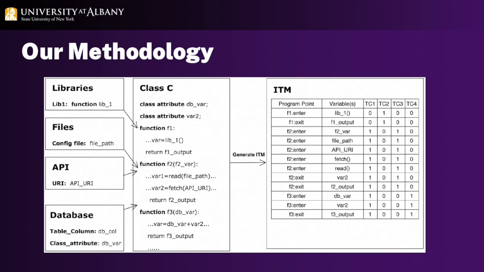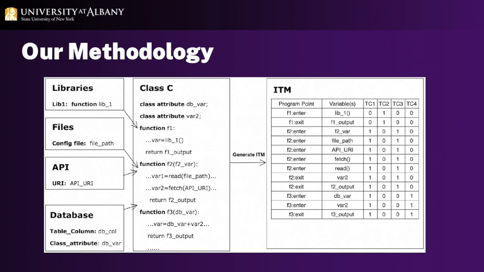It has three functions: function 1, function 2, and function 3. Function 1 calls the library's function library underscore 1, and function 2 reads files from a file path and fetches data from an external API call. F3 uses a variable associated with a table column in the database.